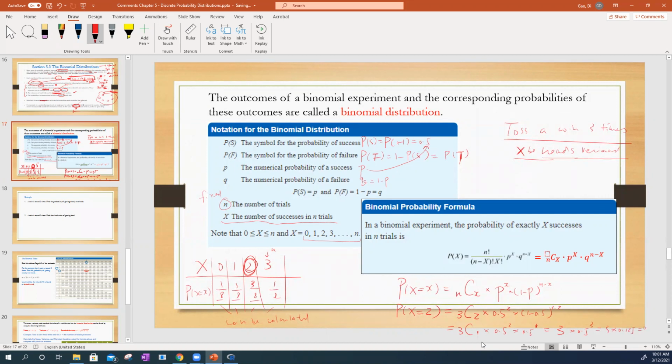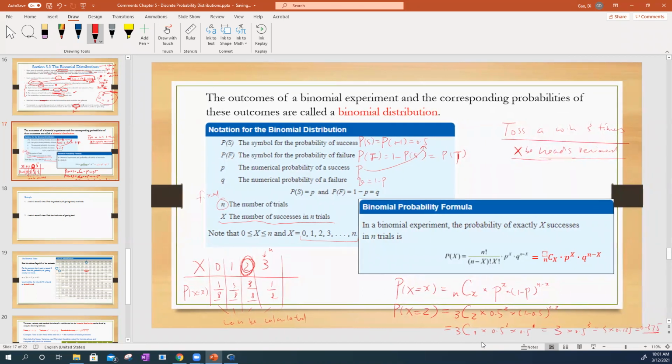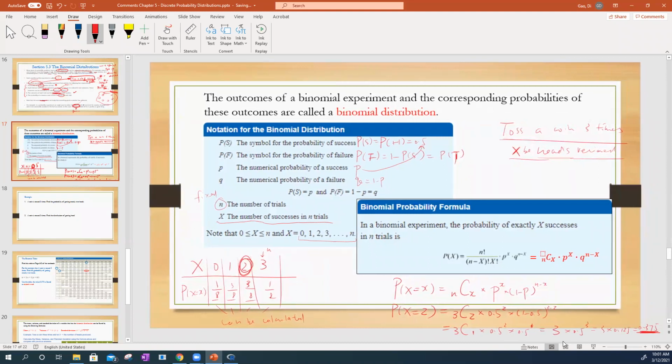That is 0.375. And then it is the same as what? 3 over 8. So not only for this 2, you can calculate the rest always using the formula. So it just makes the process a little easier.